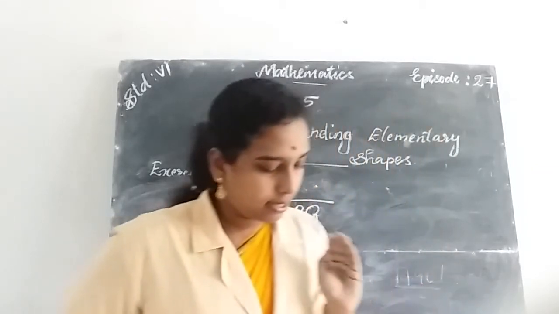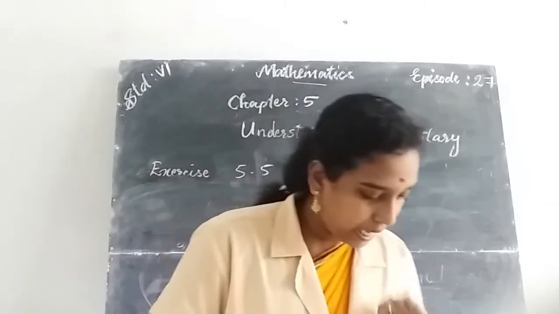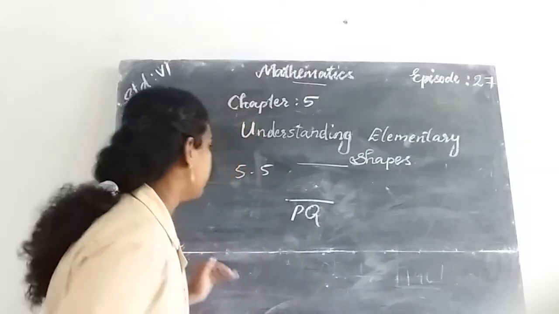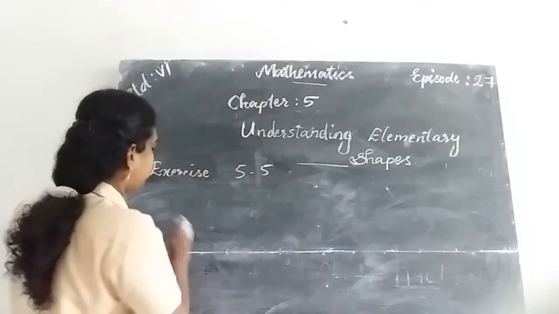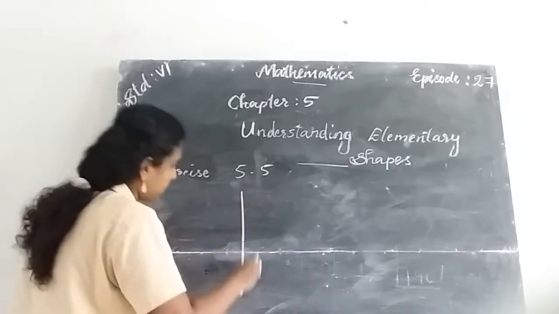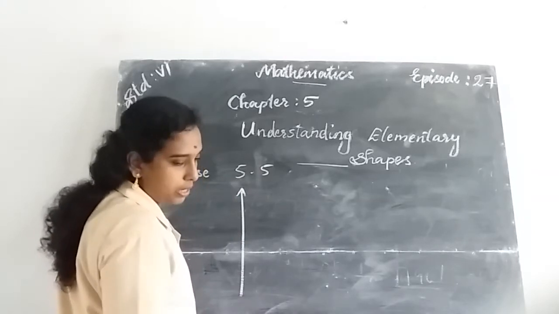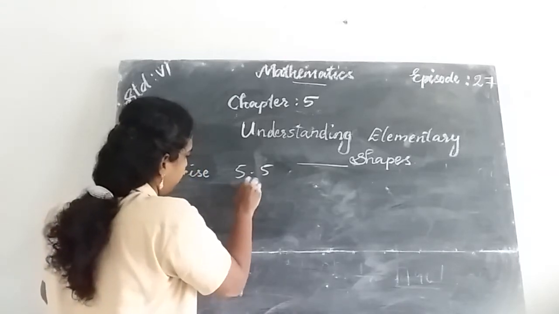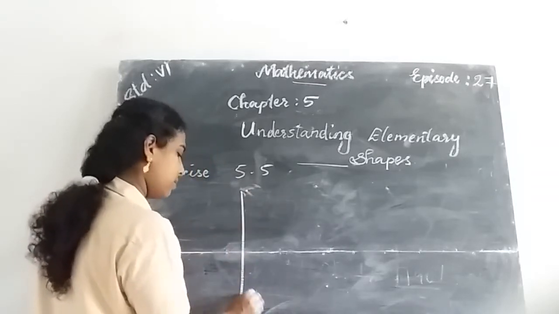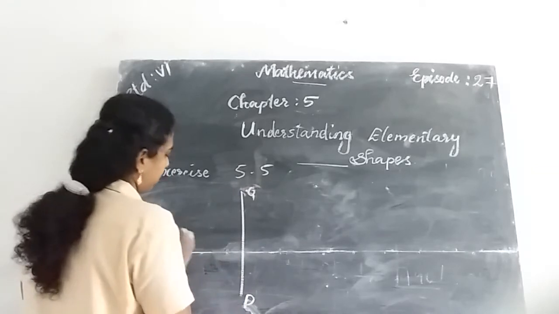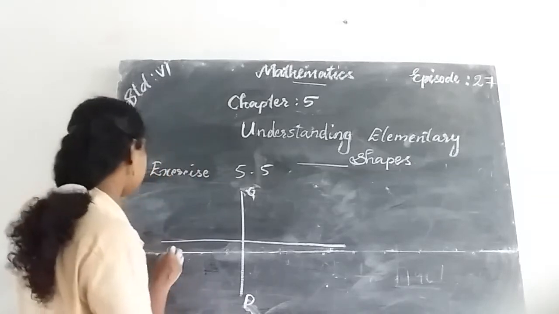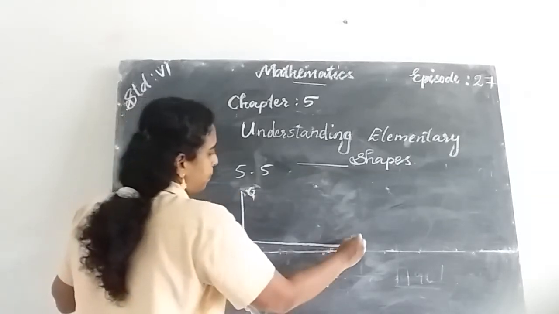Okay, first the question is given here. Let PQ be perpendicular to the line segment XY. Perpendicular means the lines intersect each other. Here, if we imagine this is the line segment PQ, with P here and Q here, then this is the line segment XY, which intersects the line segment PQ.